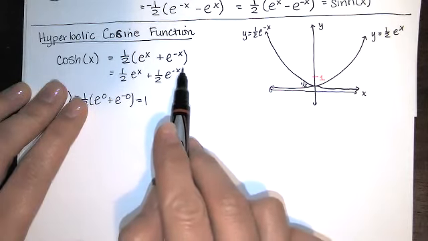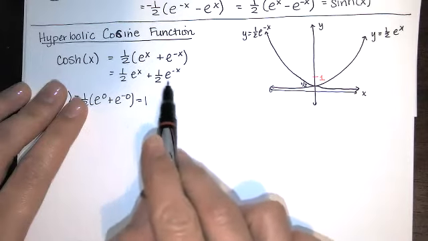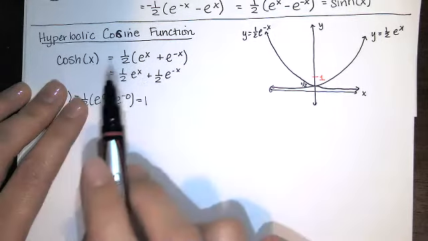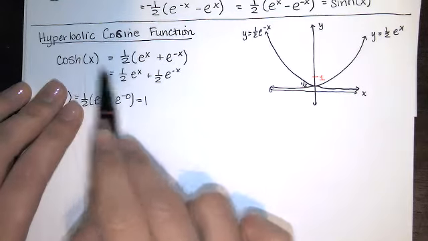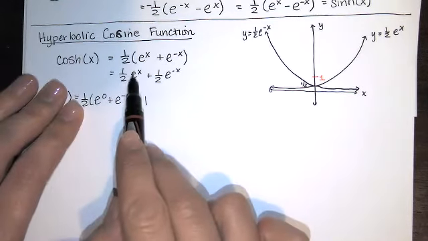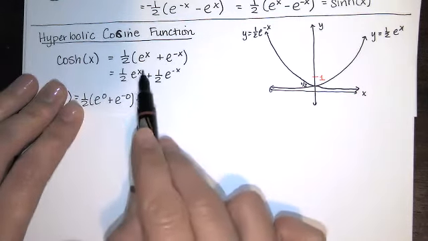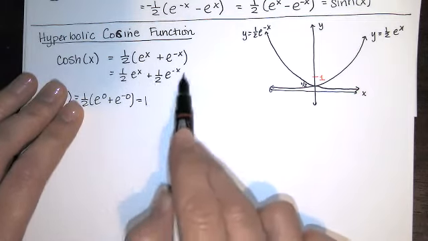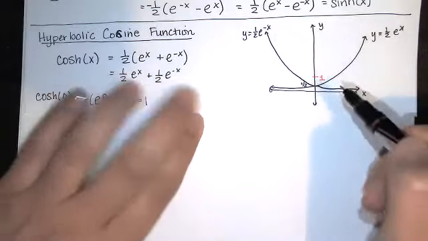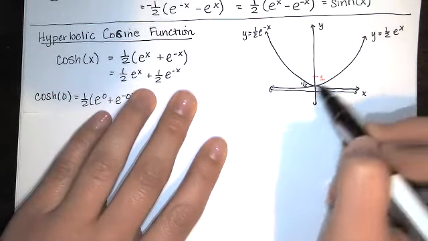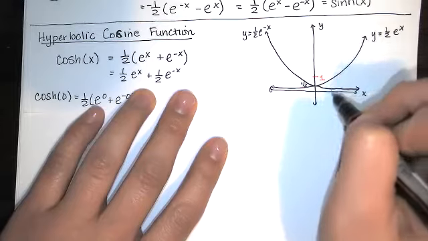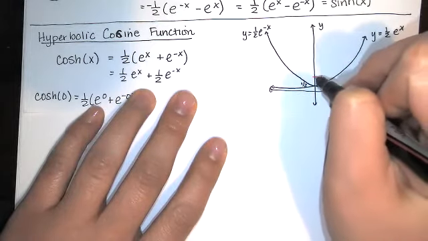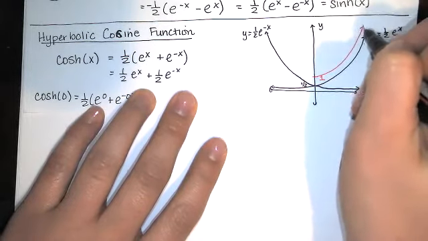E to a large negative power is something very small, so that's going to 0, and this goes to infinity. But we're getting very, very close to this function. Our hyperbolic cosine of x is always going to be just a little bit more than this value, and that little bit more is this. So we're taking this, and we're adding this little number, that little y value over there, and that's giving us that.